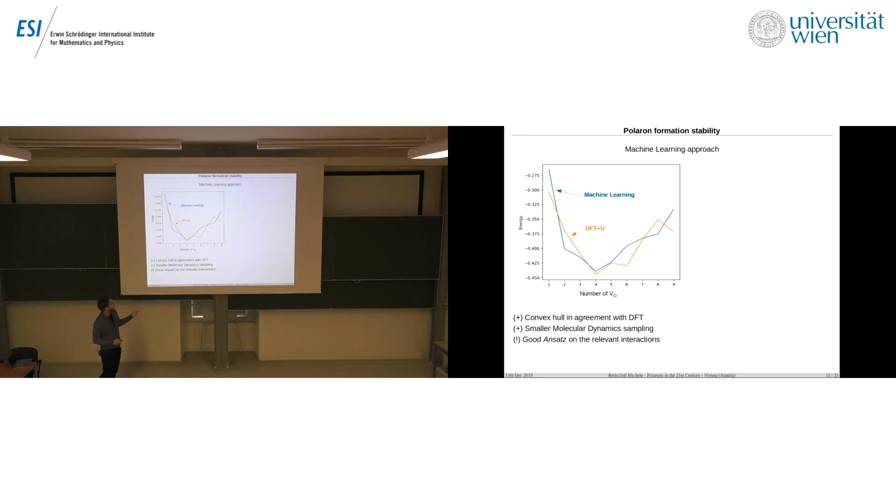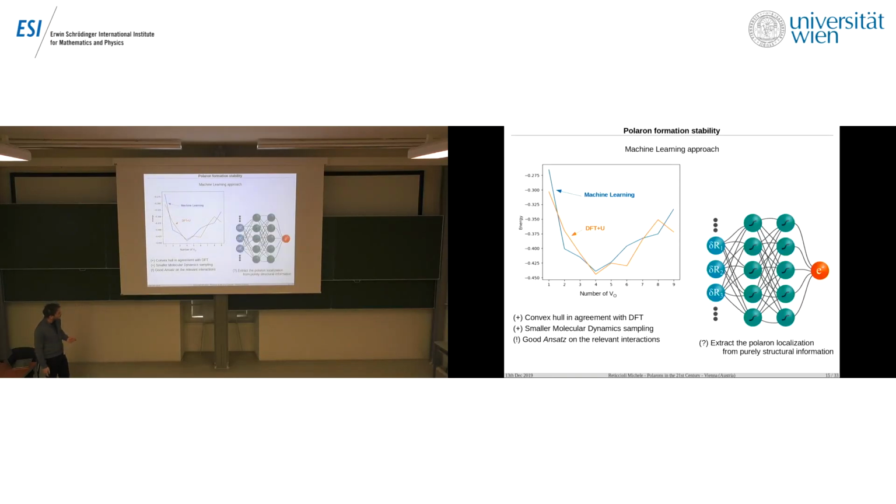Once we have these three ingredients, we can predict the energies quite well. Another thing we can do with machine learning is to predict where the polaron localizes, given just lattice distortions. So this is a step even further, where we require even fewer DFT calculations.